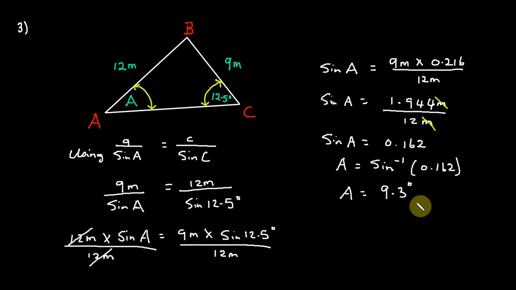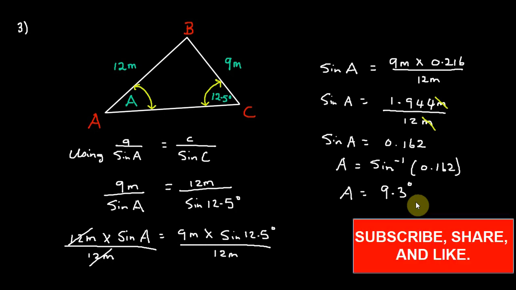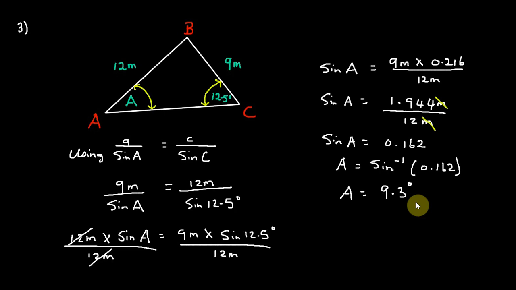What if we're given two sides and the included angle? Or what if we're given three sides of a non-right angle triangle? Then we use the cosine rule. And the cosine rule we will explore in my other video.